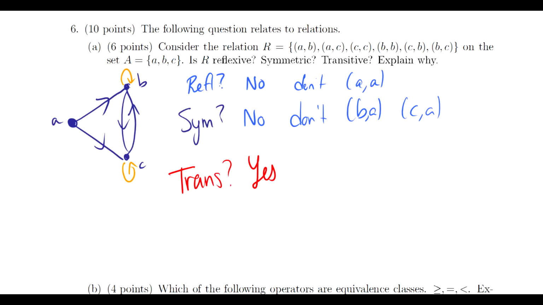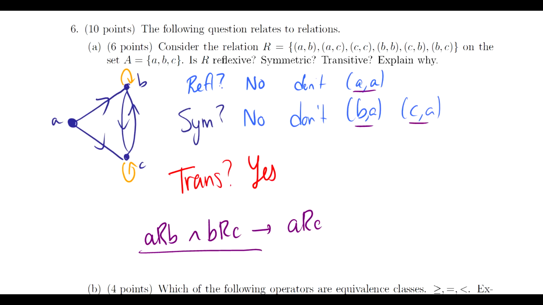So your question is, well, hold on a second. We don't have B to A, we don't have C to A, and we don't have A to A. Well, because we're never going back to A, we never need to worry about those situations. So we can test out all the other possibilities that we need for transitivity. So again, if you remember the definition of transitivity, if A R B and B R C, then we have A R C for all A, B, and C. So if the beginning is met, then the consequent has to be met.